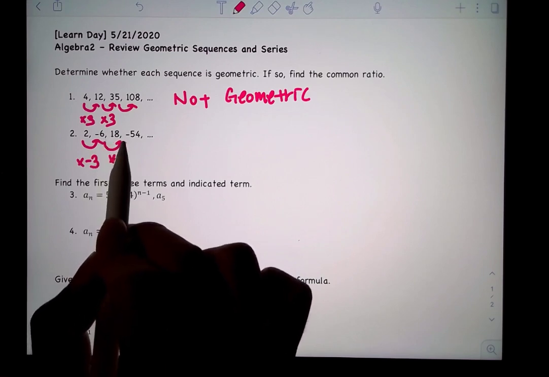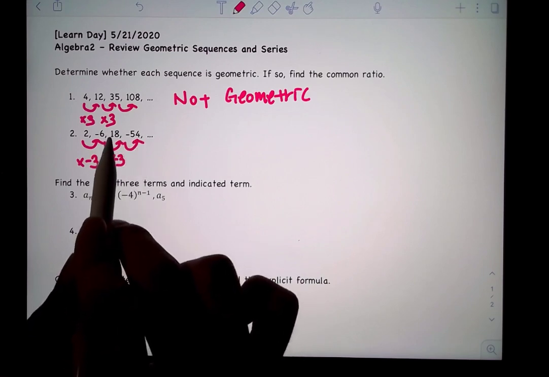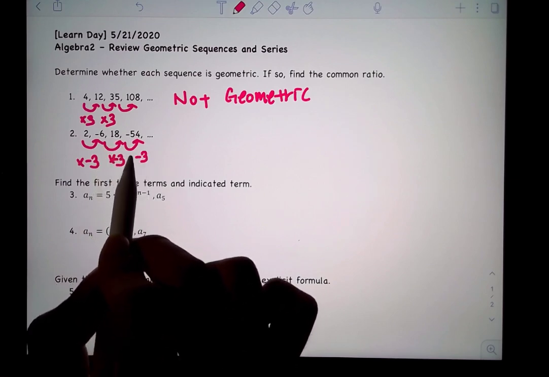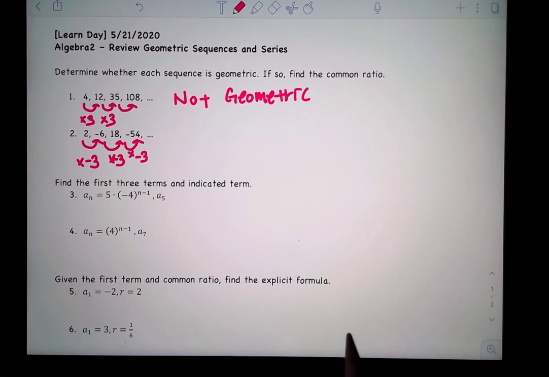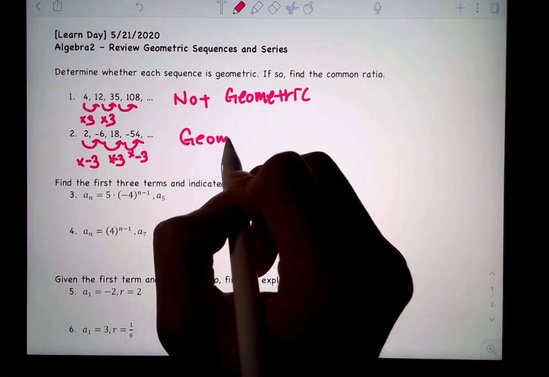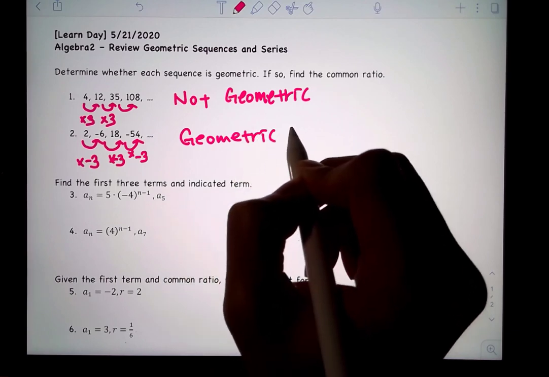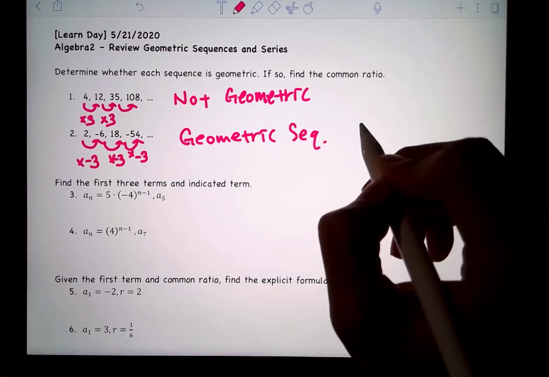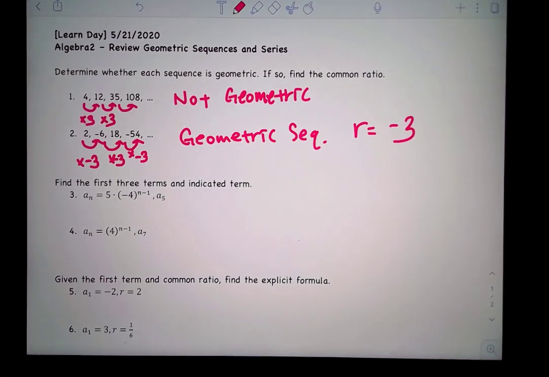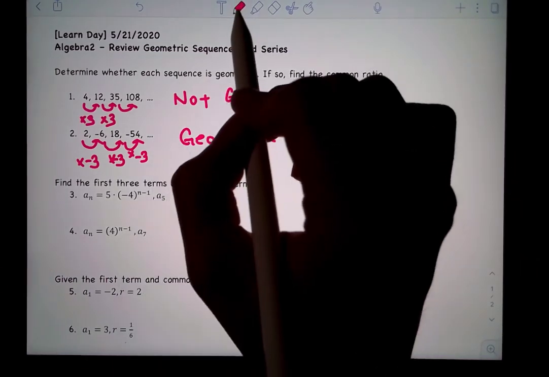If you multiply 18 by negative 3, then you get negative 54. So it's the same ratio, right? So this is a geometric sequence. And my common ratio is negative 3. Okay? All right.